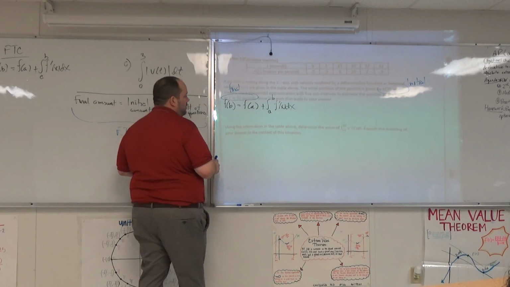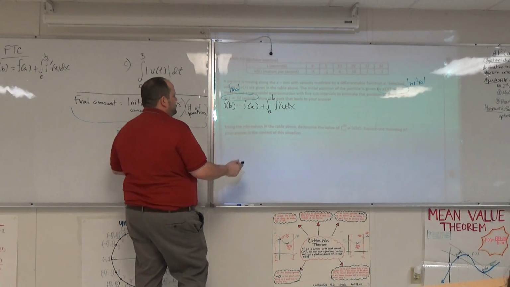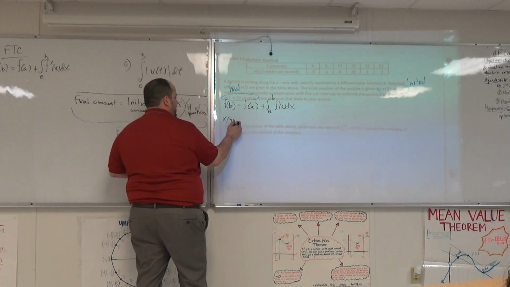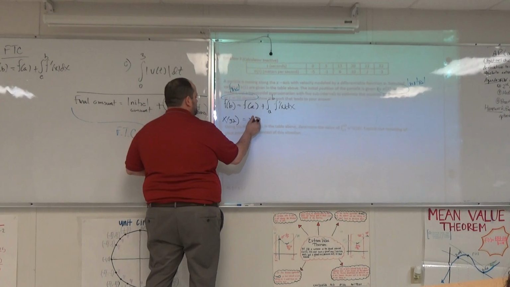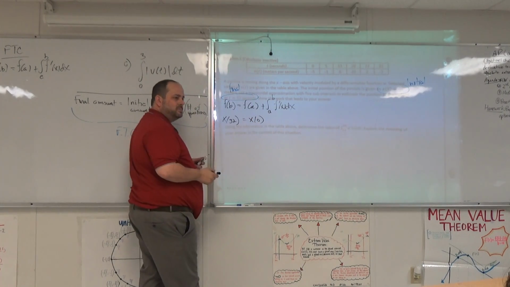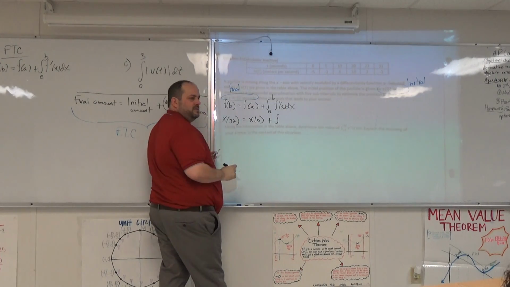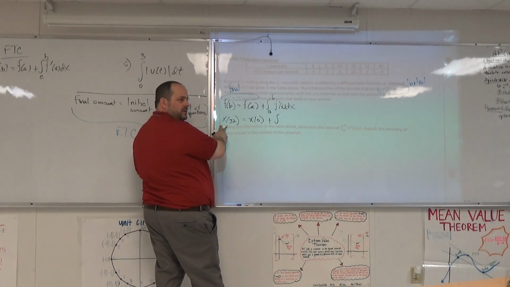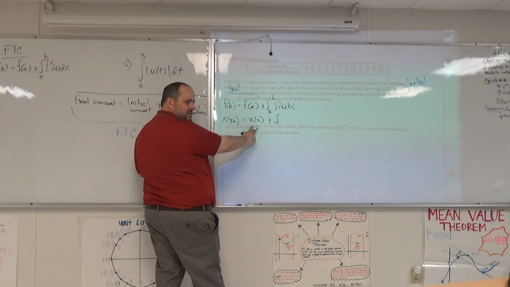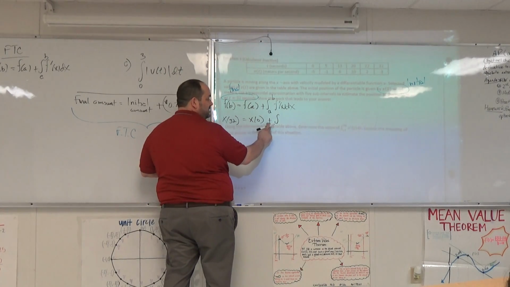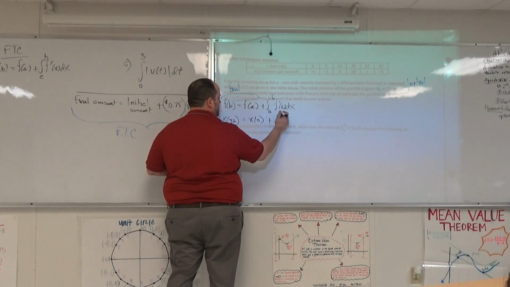Final value, 32. So position at time 32 is equal to position at time 0 plus, following the fundamental theorem of calculus, the integral from 0 to 32 of what?